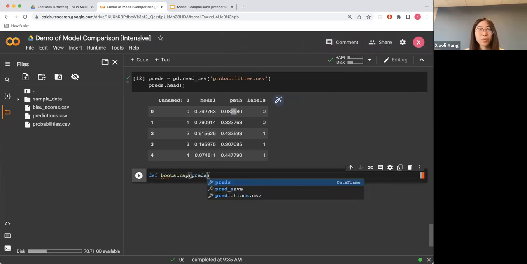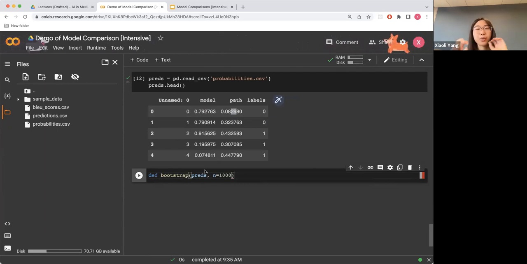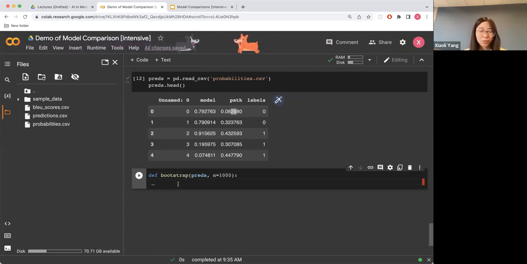For this function, we input our data set so that we can resample from it, and n represents how many times we want to resample from the original data set in order to create a population. Let's set it to default 1000. You can try 2000 or 3000 depending on your computation power. First, let's create a collector to collect the AUCs, and then we compute the AUC for each sample n times, and here n equals 1000.